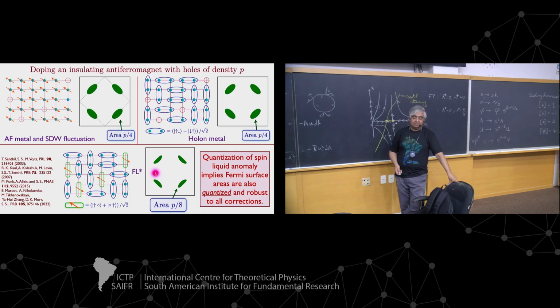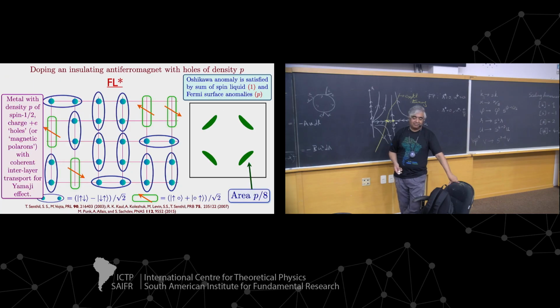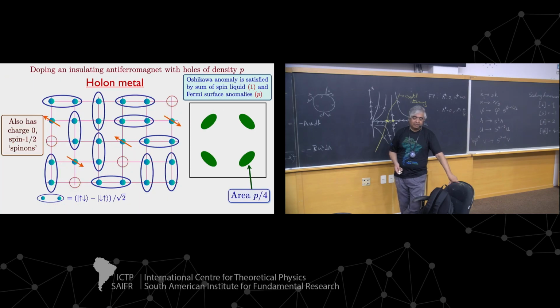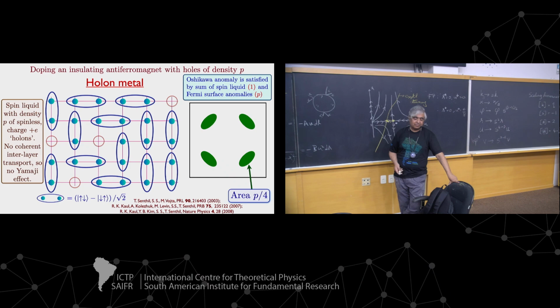All right, so where are these pockets? Any reasonable theory that anybody's ever come up with has some pockets, but they have never been seen so far. And this is where this Yamaji effect comes in, and I'll just stop with that. So there's this experiment.